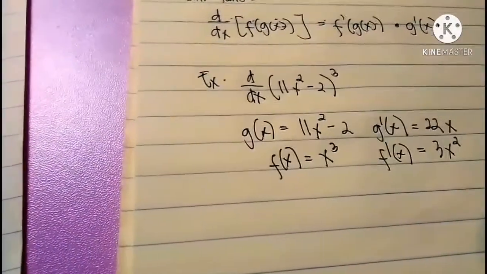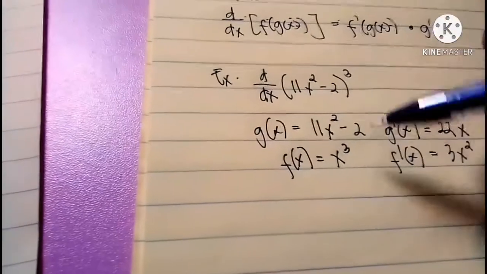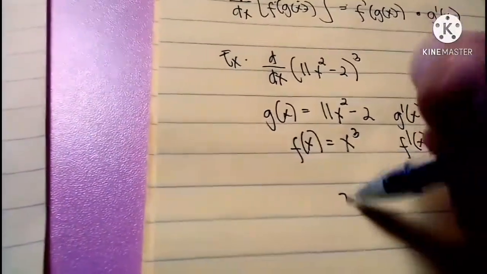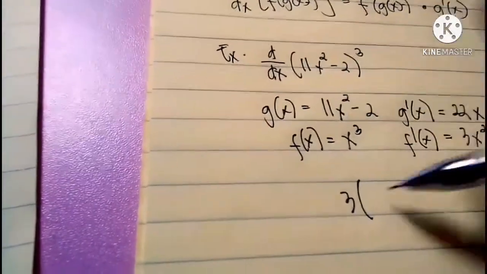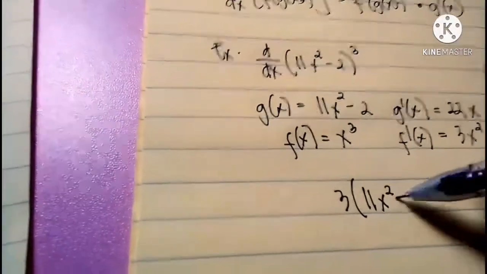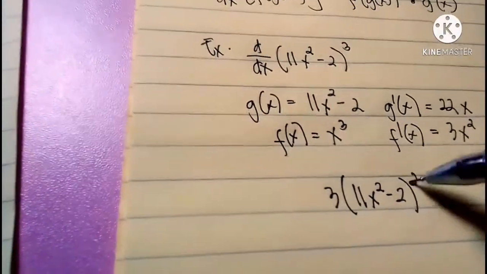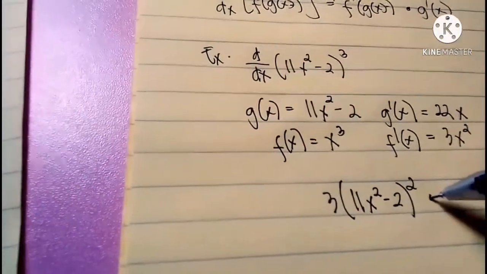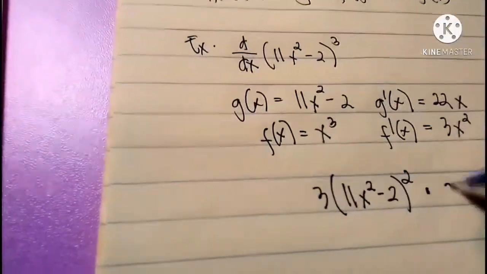And we have to substitute the formula. We have 3, and our g of x is 11x squared minus 2, squared, times our g prime x, which is 22x.